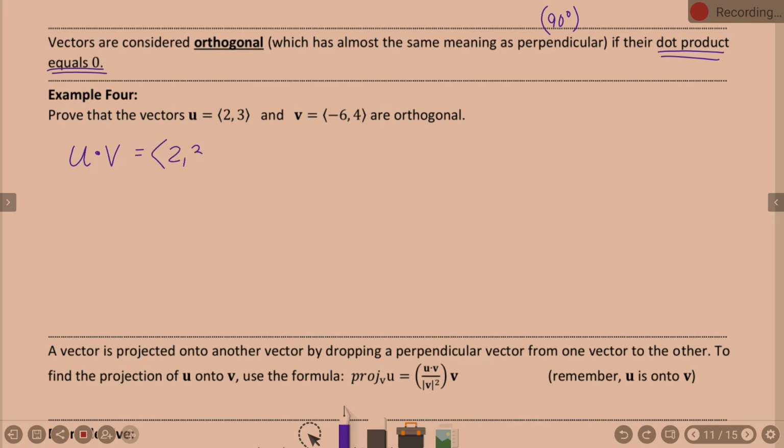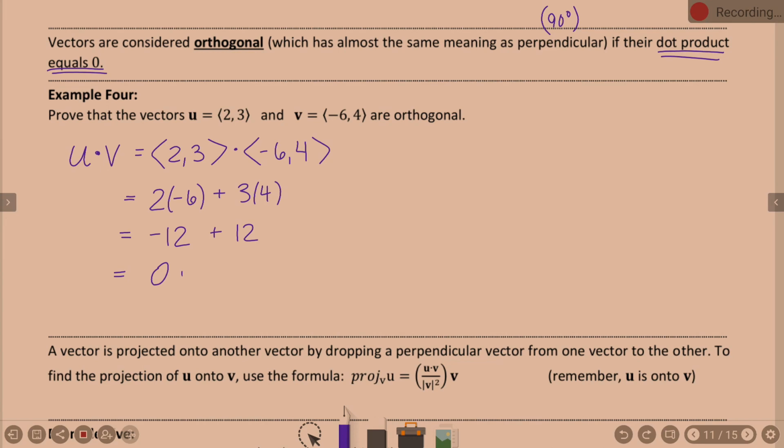So we're doing vector 2, 3 times vector -6, 4. Flashback to yesterday. How do we do the dot product? 2 times -6 plus 3 times 4, which gives us -12 plus 12, which gives us 0.